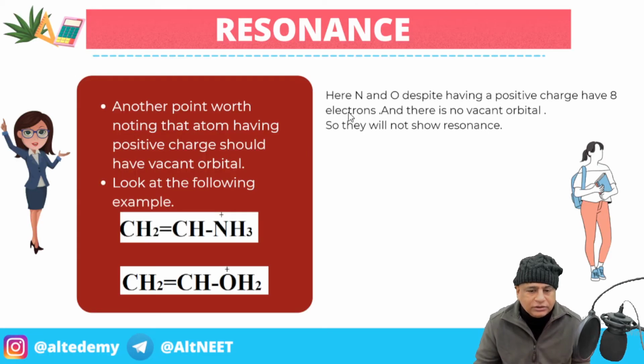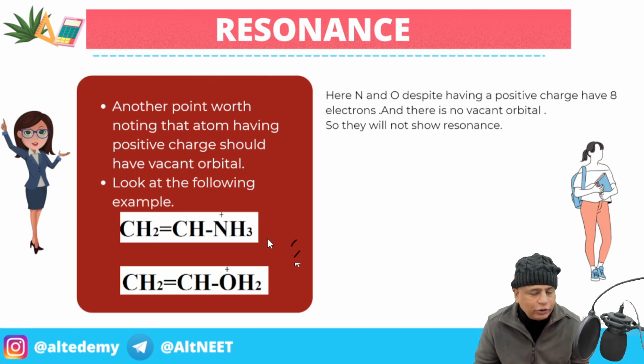Another point which is worth noting. An atom having a positive charge should have a vacant orbital. Look at these two examples. It has pi sigma positive charge, pi sigma positive charge. But here it is important to have a vacant orbital. It's not always necessary that pi sigma positive charge will always have a resonating structure or resonance.